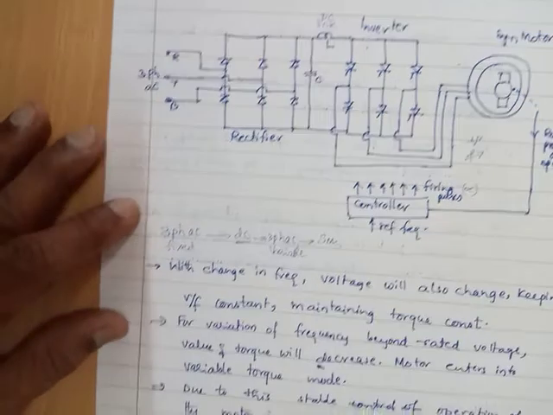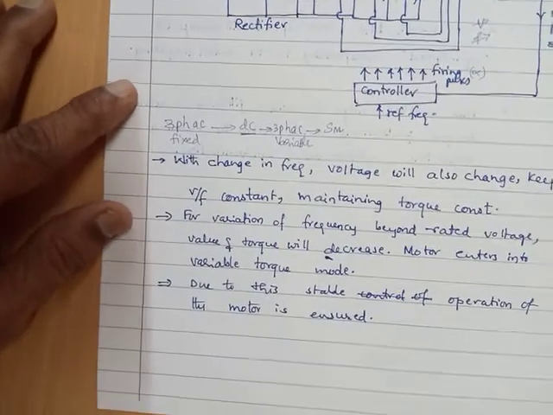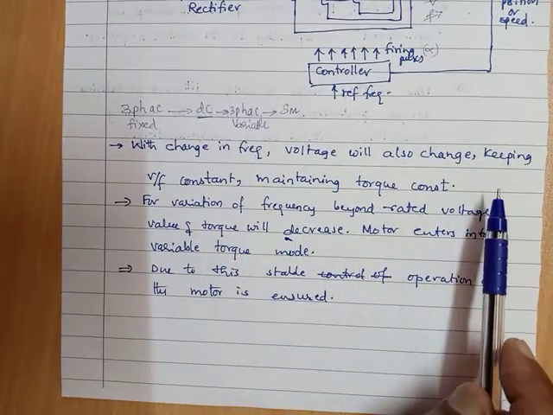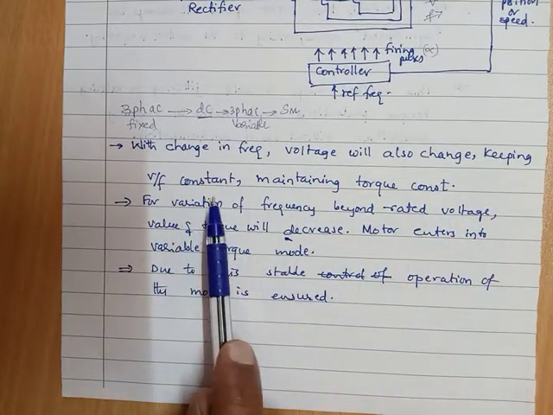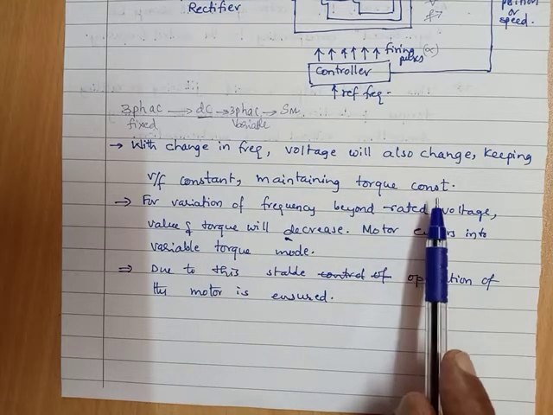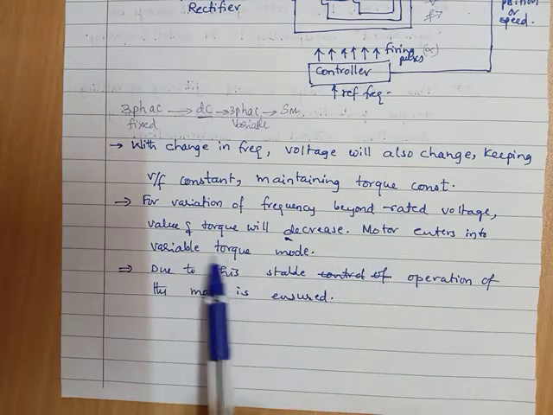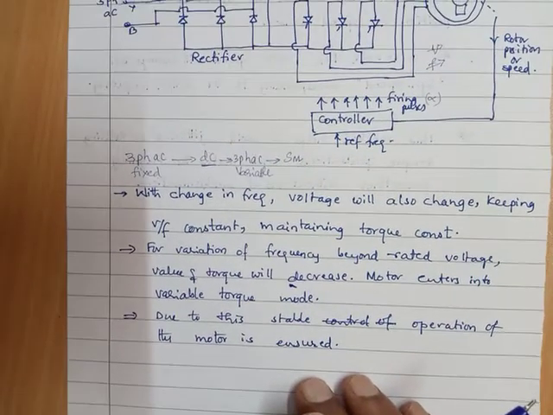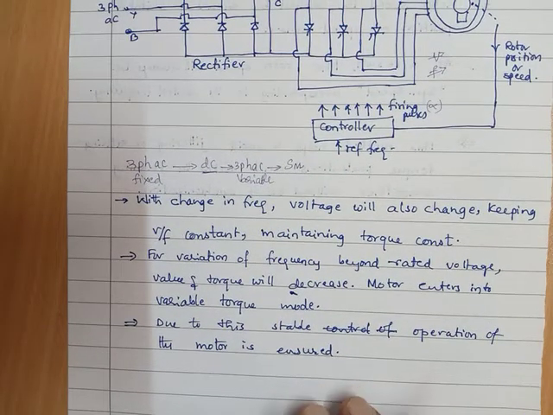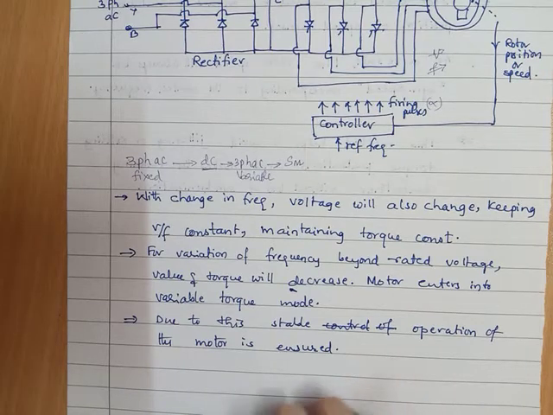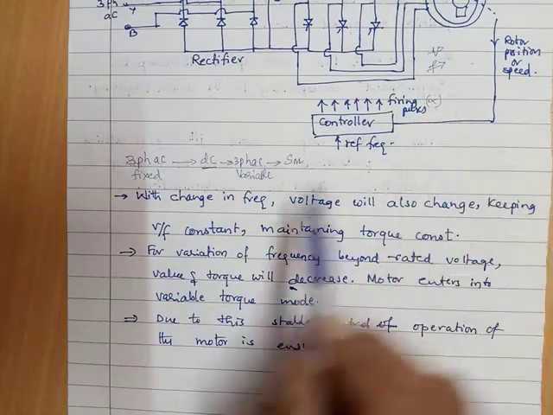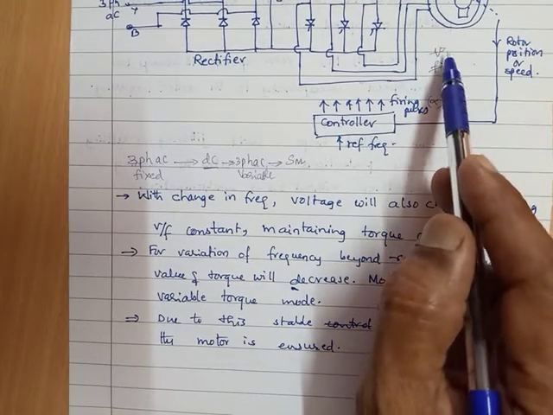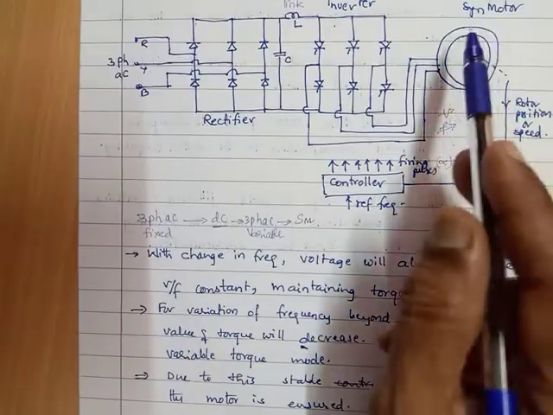Now what we saw here is that with change in frequency, voltage also will change. We make it change so that V by F remains constant, so as to maintain the torque constant. If we want more frequency, then the voltage also is to be more, but the maximum voltage we can have is the rated voltage.